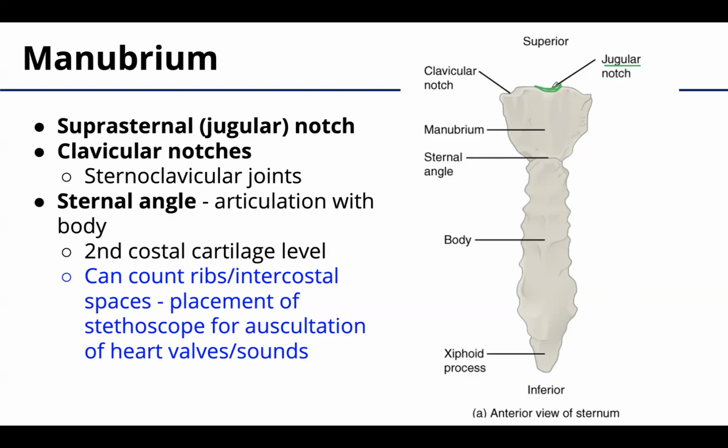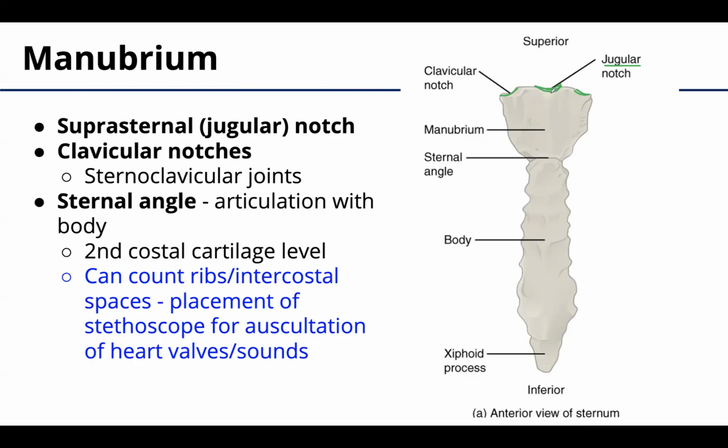If you find that jugular notch and then move laterally, you will be able to palpate where the clavicle meets the sternum, and that forms the sternoclavicular joints. The bony part on the sternum is called the clavicular notch, and there's one of these on each side. Those are all very superiorly placed on the manubrium.